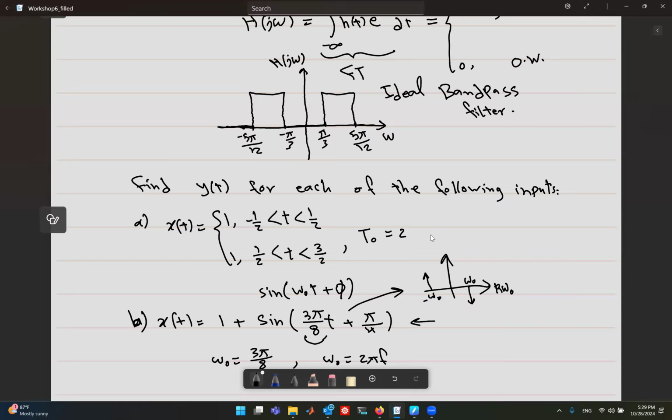So it will be two impulses. If we look at this one and compare it to the frequency response, those impulses will be outside those bands.